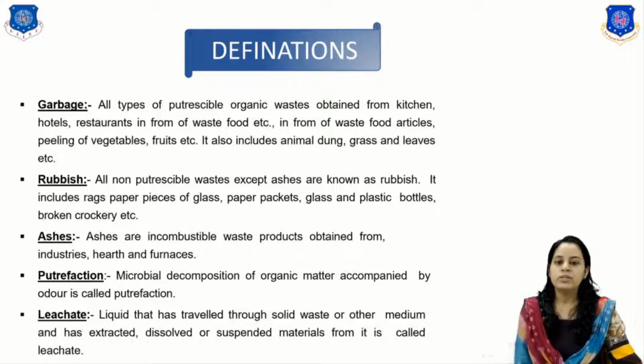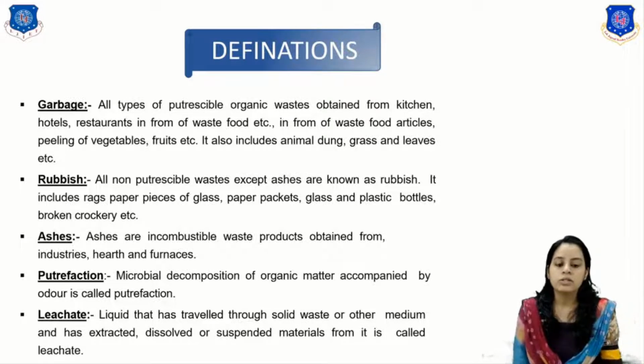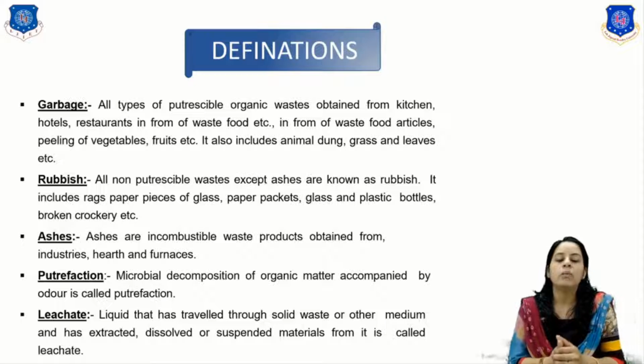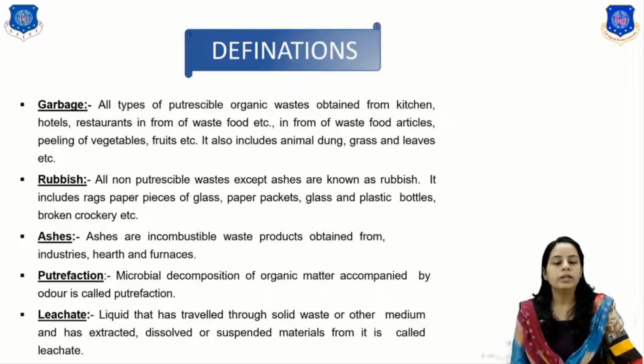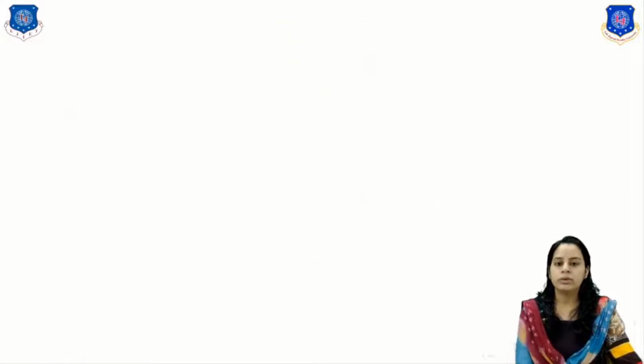And the last one is leachate, the liquid that has traveled through solid waste or other medium and has extracted dissolved or suspended material from it. So these are all the definitions covered in this chapter.